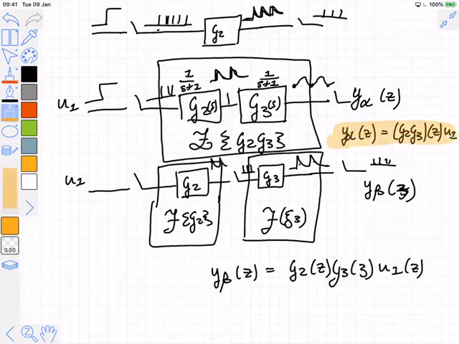So in the one case we have to calculate the Z transform of the product, and in the other case we can calculate the Z transforms separately.